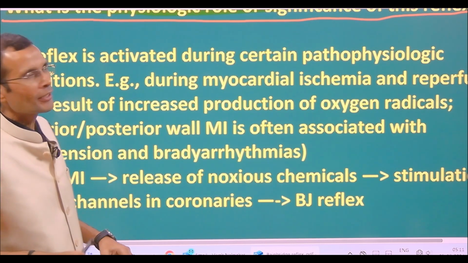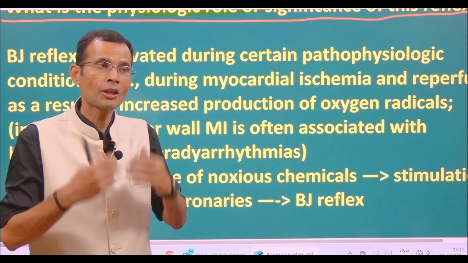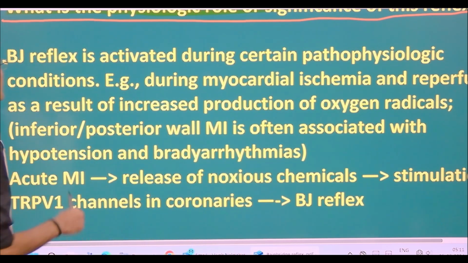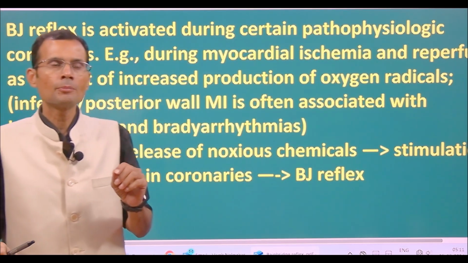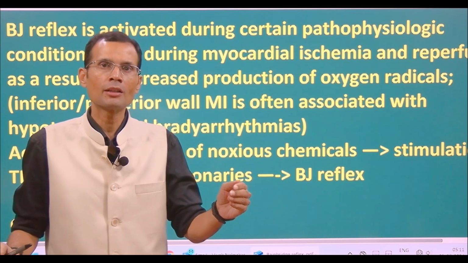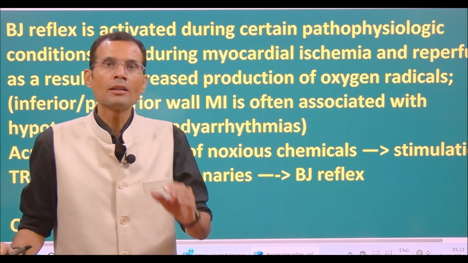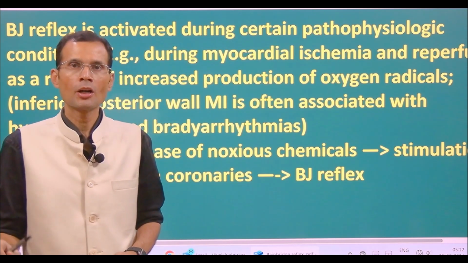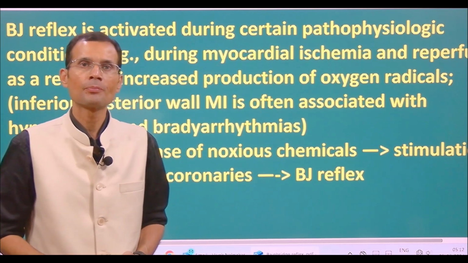Bezold-Jarisch reflex is activated during certain pathophysiologic conditions which are found commonly, routinely in humans. For instance, myocardial ischemia, particularly when there is posterior wall myocardial infarction or inferior wall MI, and often it is accompanied with hypotension, a very stubborn hypotension which is difficult to treat.